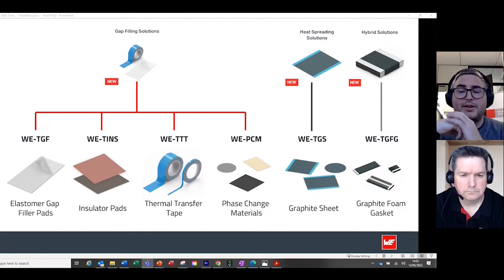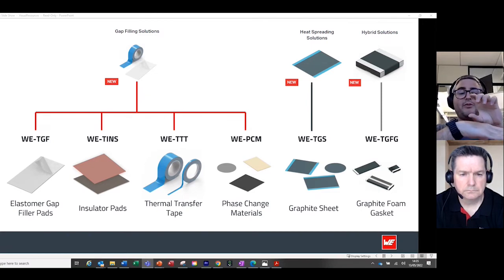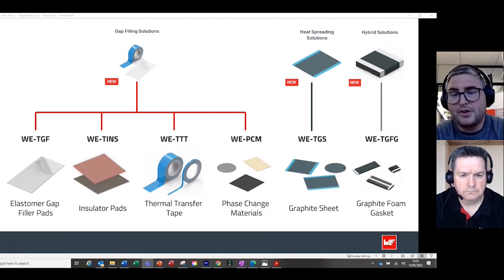The good thing about the graphite foam gaskets is that you can have the foam in different profiles. So you can do a profile that really fits your gap, even though it's more compressed on one side than the other. It brings advantages that the traditional ones don't bring, besides, of course, the higher thermal conductivity.